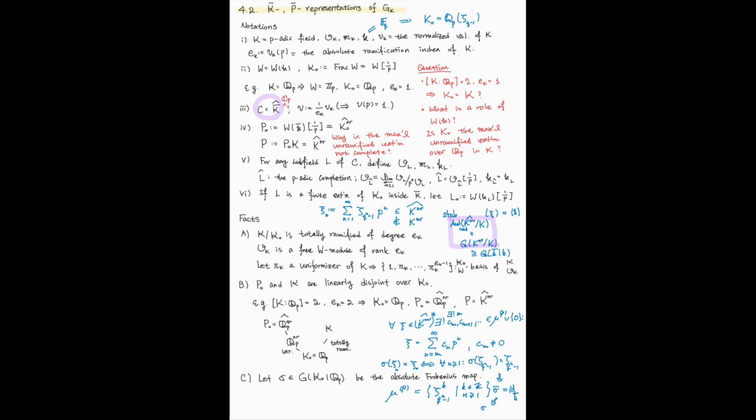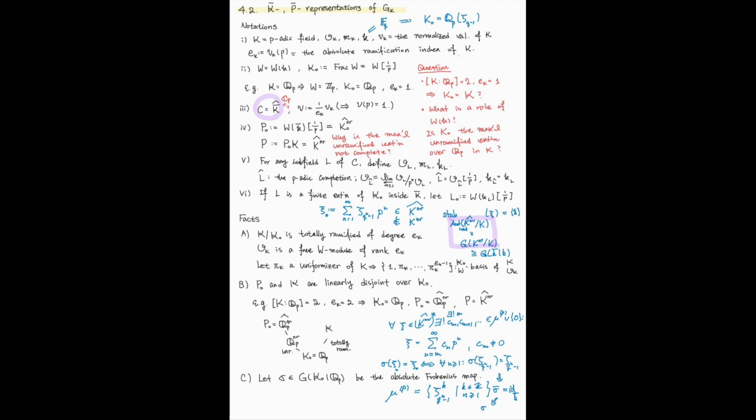This is an element of the completion of the maximal unramified extension, but it's not contained in it. This is because if it were in the maximal unramified extension, it would be in some finite subfield, so it would itself be algebraic over Q_p.